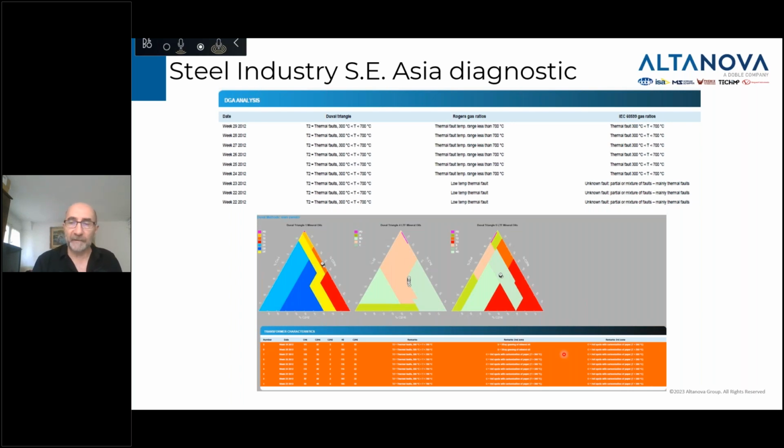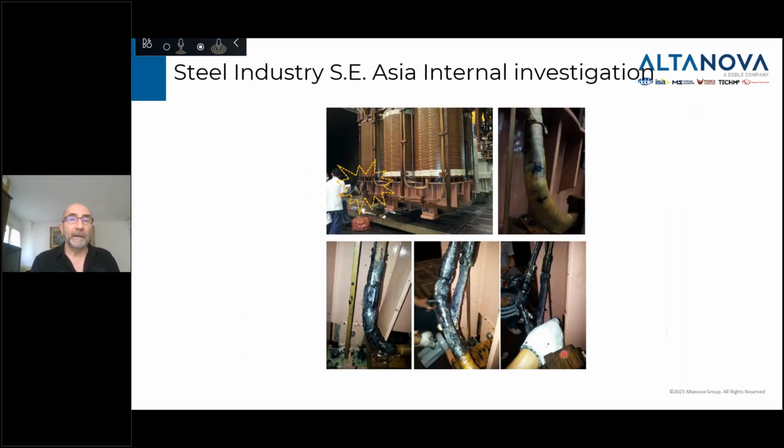So here, that specific customer, taking that into consideration, shut down the transformer, took it offline, and opened it up. And this is what they found on this specific connection here. You can see the insulation was mostly completely burned out, right to the cable.